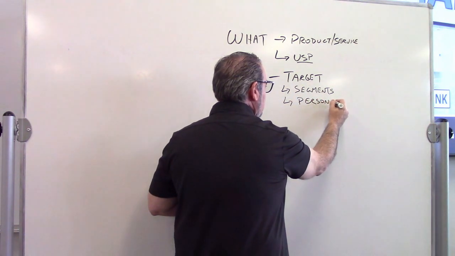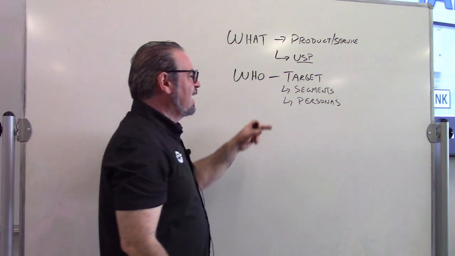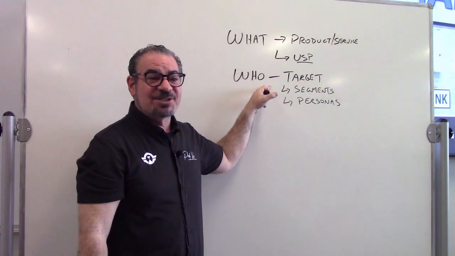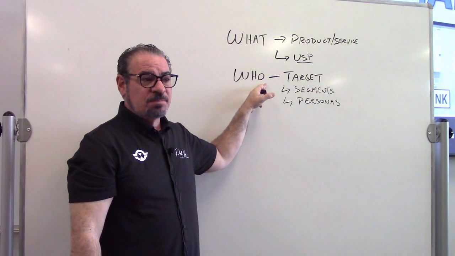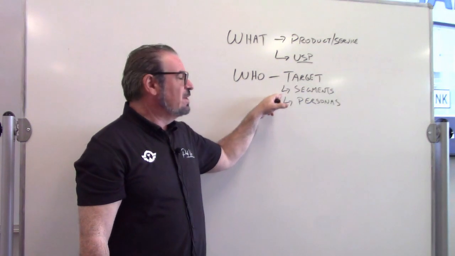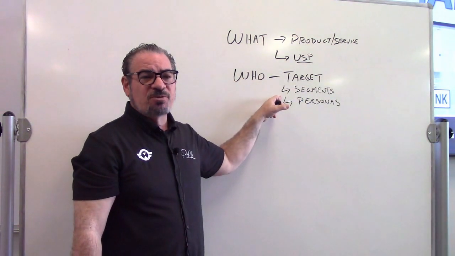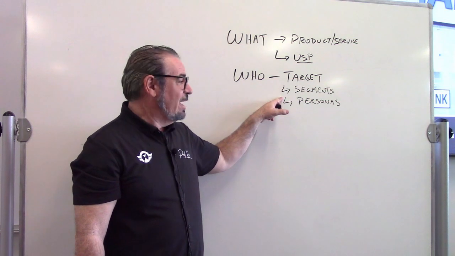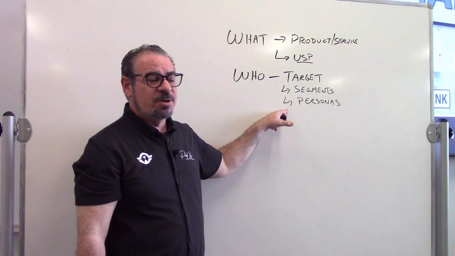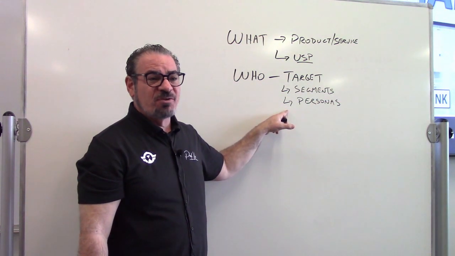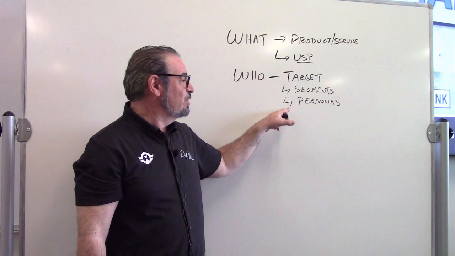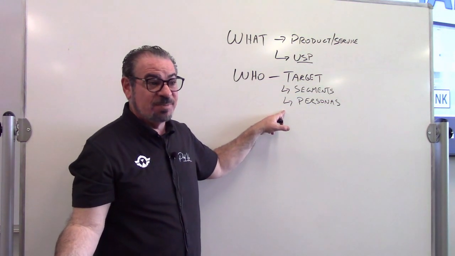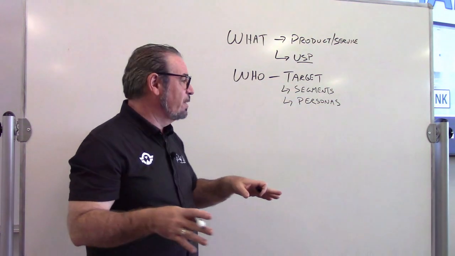Okay? So at the very top, it might be everybody who could ride a skateboard. That's a target. Maybe the segments are everybody who can ride a skateboard under the ages of 30, and everybody who could ride a skateboard under the ages of 30 that do it for fun and that do it professionally, let's say, right? So now we're breaking that down a little bit.